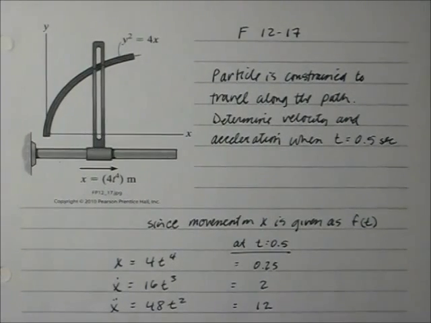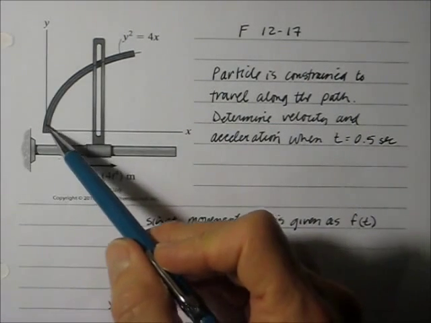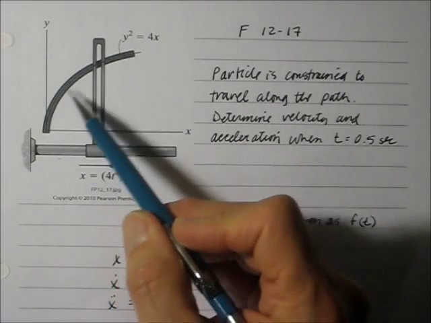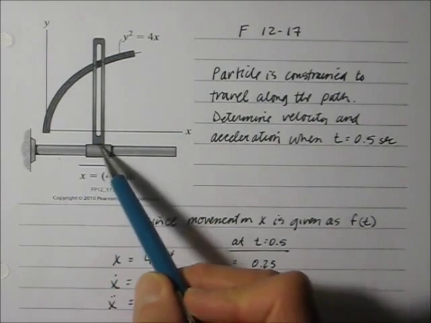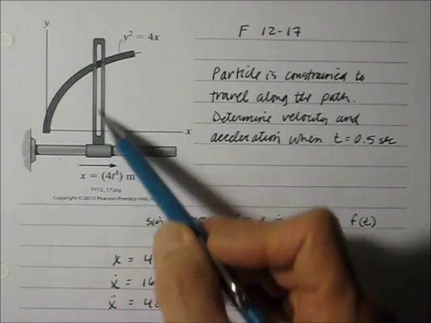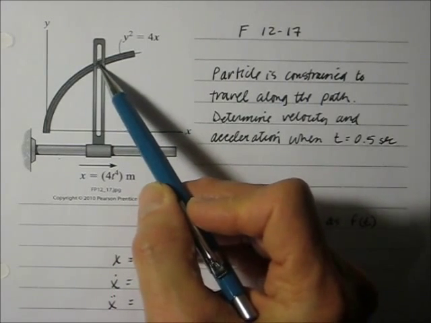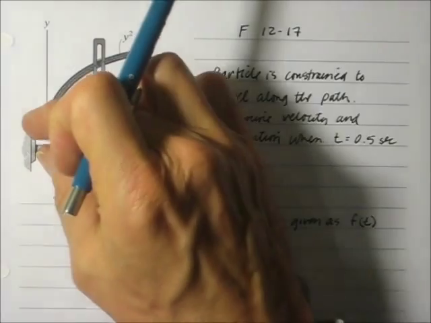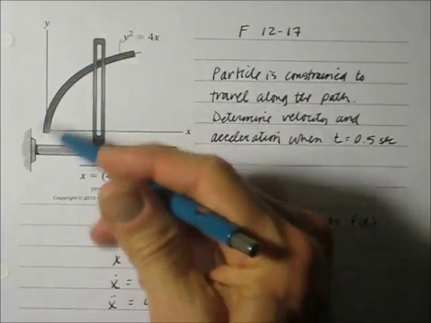All right, the last problem I wanted to visit with you about, here's another fundamental problem. Here we have a particle that's traveling along this path, and it's being forced along this path by this slider. This little collar is moving in this direction along this fixed bar. It's got this slot, and there's a little slider such that as this moves like this, the particle moves up and travels along this path.